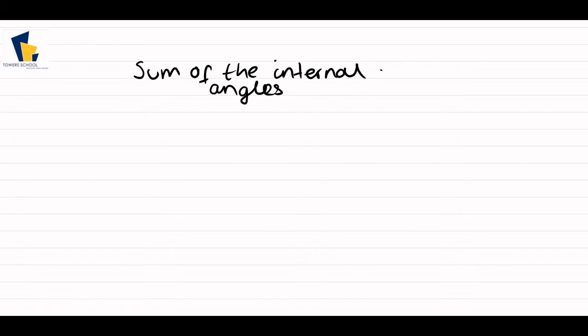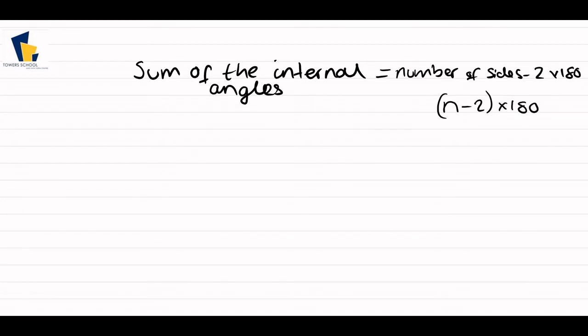So let's have a look at finding the sum of the internal angles in some polygons. The formula we need is the number of sides minus 2, times all that by 180. This gets simplified down to n minus 2 times 180. For any polygon, all we need to do is take the number of sides minus 2 and times it by 180.